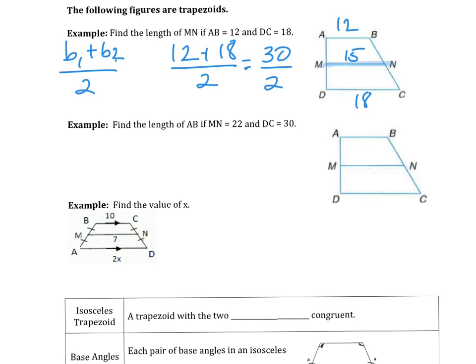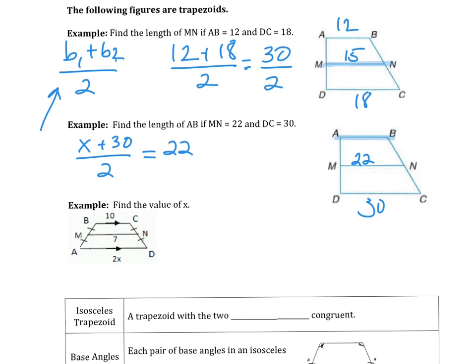Moving on to the next example, we're trying to find the length of AB, which is one of our bases, given that MN, which is our mid-segment or our median, is 22, and our bottom base is 30. So again, we're going to use our formula that's right there. We're going to say base 1, which we don't know, so we're going to call it x, plus base 2 divided by 2 is equal to 22.